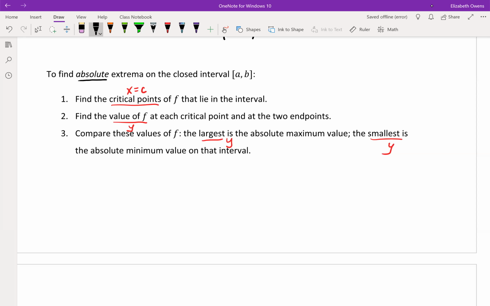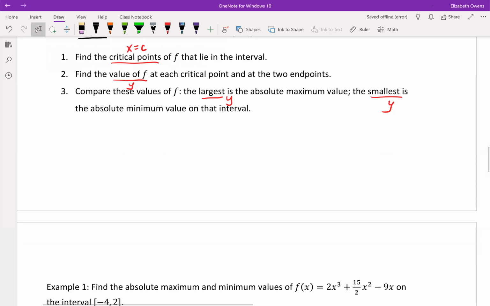So we'll find the critical points, those are the x's, and then we'll use those x's to find the value of the function f. So that'd be a y value at each critical point and at our endpoints. And then we can compare our y values because the biggest y value will be our absolute max. The smallest y value is our absolute min on the interval. So yeah, that's the layout.